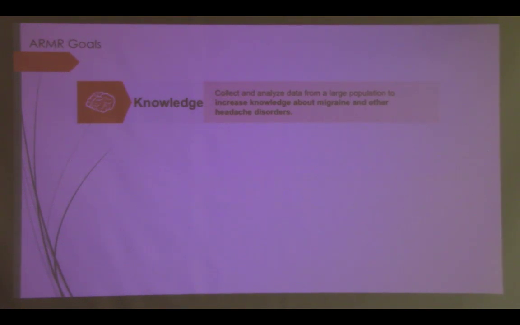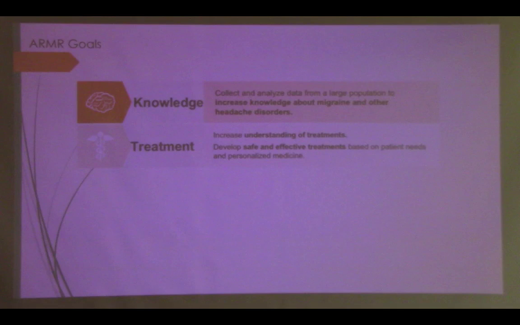And so that was the mission statement of AMF, but the ARMOR registry has specifically 4 goals that are defined along 4 dimensions. The first is knowledge, right? So the goal of creating this registry, which is this online collection of patient data, is really to build a foundation of knowledge for headache researchers to tap into eventually and find answers to their research questions, all types, right?